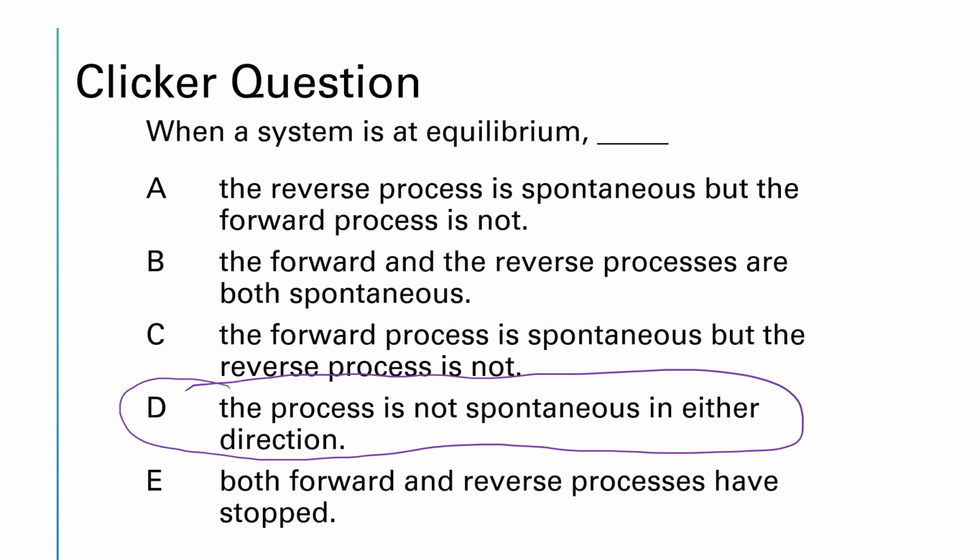If we say it's spontaneous in the forward direction, it is spontaneous for reactants to be converted into products, net, overall. Once we have reached equilibrium, even though the reaction is still going in both the forward and reverse direction at equal rates, there's no net change. And so the best answer to this question is that at equilibrium, the process is not spontaneous in either direction because none of the concentrations are changing.